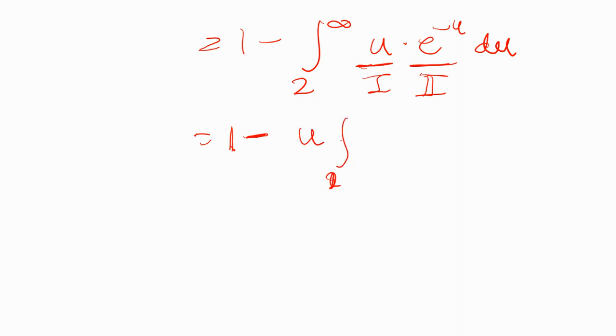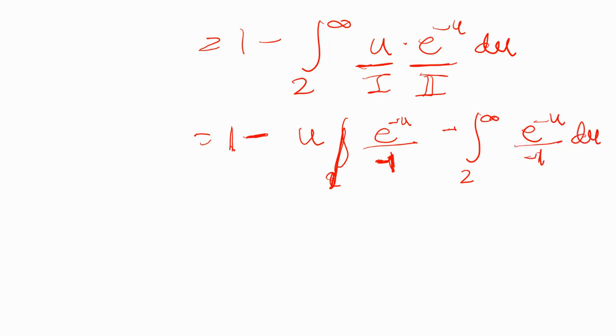We will put the limits afterwards, and then it will be e to the power minus u divided by 1. And then minus, from 2 to infinity, du upon du will be 1, times e to the power minus u du.